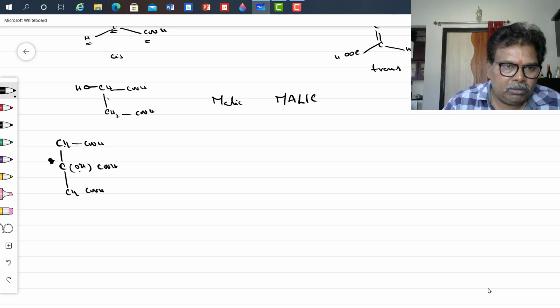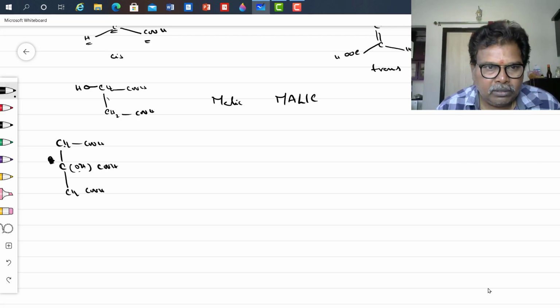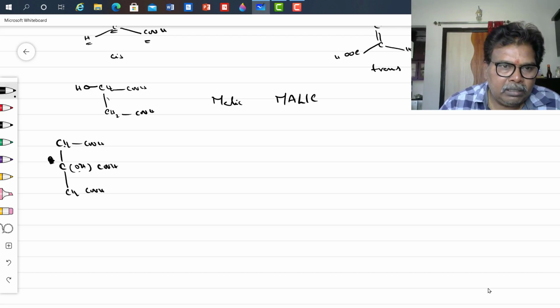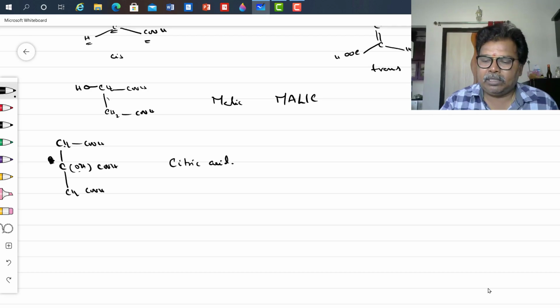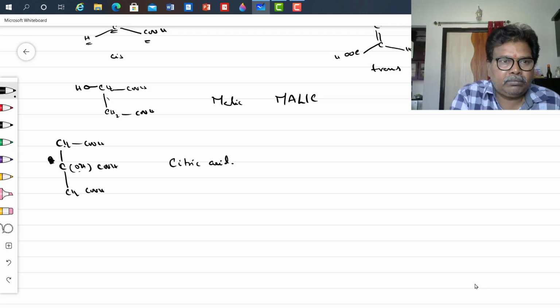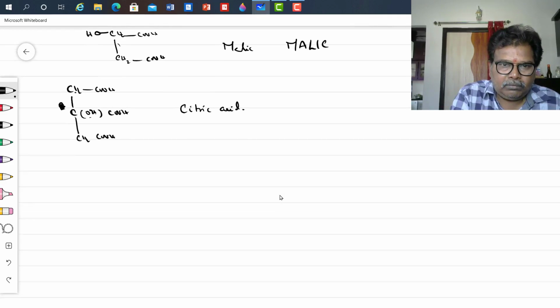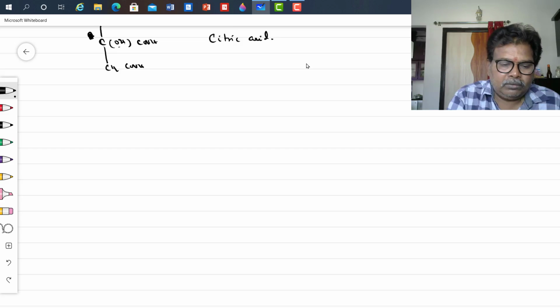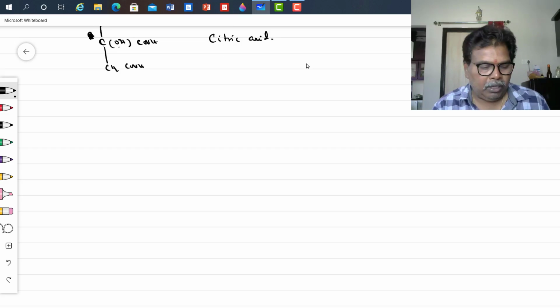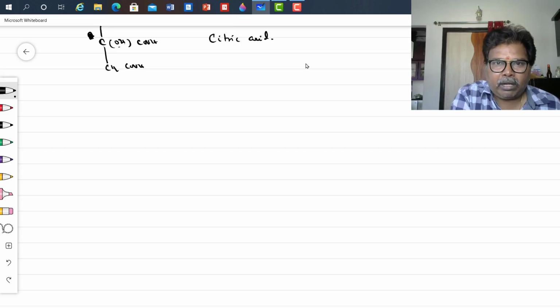So 1, 2, third and fourth are same. So that is why it is not a stereo center. It is not a chiral carbon. So remember that this is citric acid, which is present in lemon.